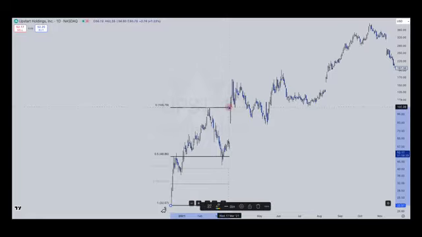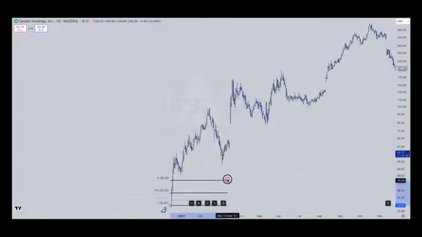So let's continue down in this range. We look again between this low and this high.